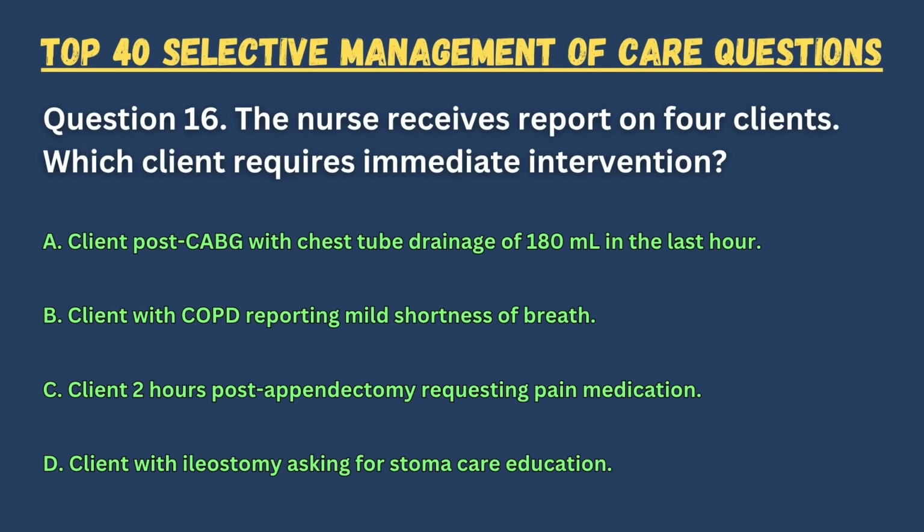Question 16. The nurse receives report on 4 clients. Which client requires immediate intervention? A. Client post-CABG with chest tube drainage of 180 milliliters in the last hour. B. Client with COPD reporting mild shortness of breath. C. Client 2 hours post-appendectomy requesting pain medication.